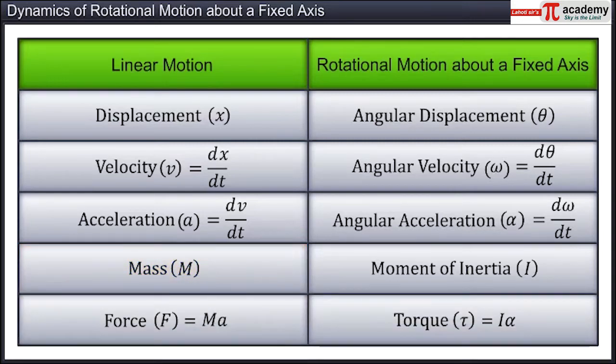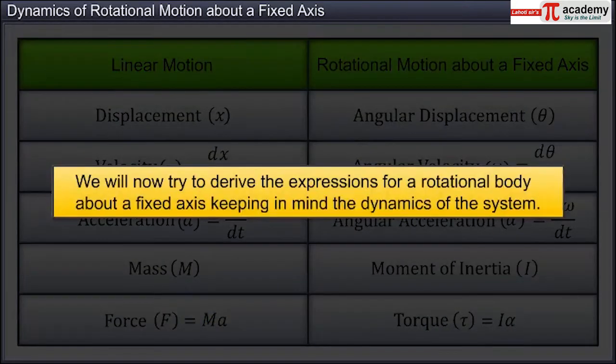Similarly, torque in rotational motion plays the same role as that of force in linear motion. We will now try to derive the expressions for a rotational body about a fixed axis, keeping in mind the dynamics of the system.